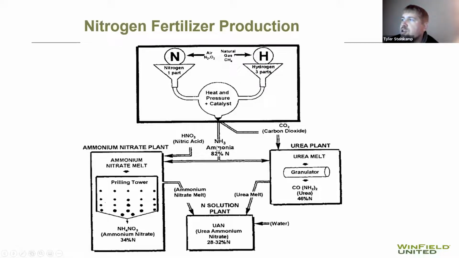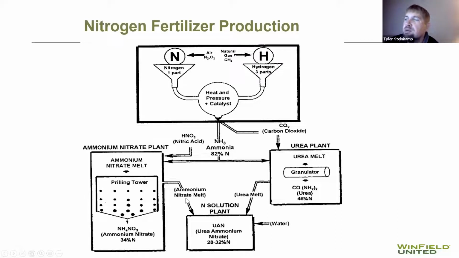So in order to make urea, we combine it with carbon dioxide. If we want to make ammonium nitrate, we combine it with nitric oxide in the prilling tower, which, by the way, is very explosive. That's why we don't see a lot of ammonium nitrate on the market.